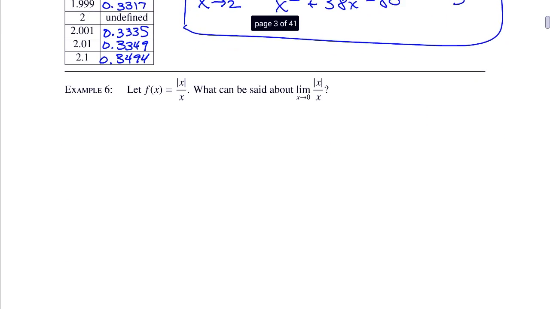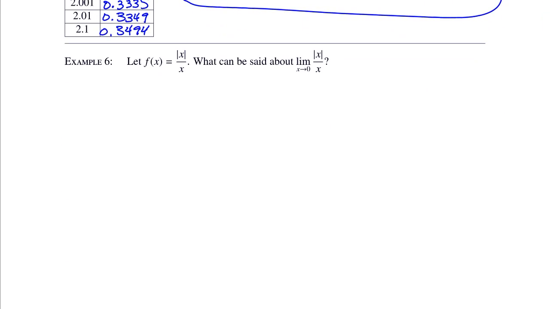Example 6. f of x is equal to the absolute value of x over x itself. What is the limit as x goes to 0 of the absolute value of x over x? So, let's create a table. We'll have x's and f of x.